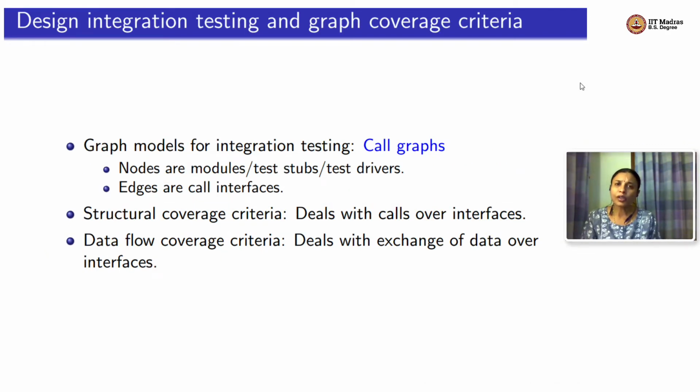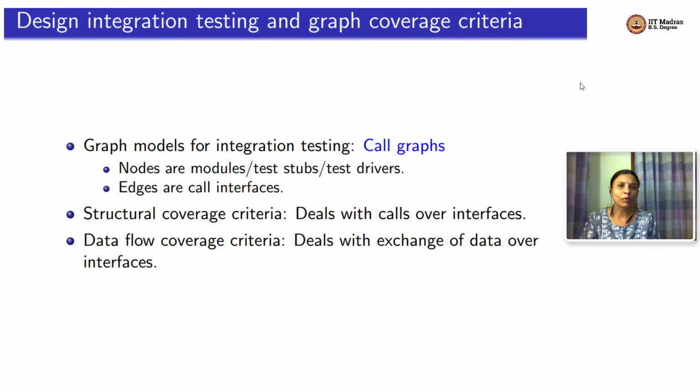So graph models for integration testing are called call graphs because the edges in these graphs are going to focus on call interfaces. Like all graphs, these call graphs have nodes and edges. Nodes are not going to be basic blocks like in a control flow graph or data flow graph, but entire modules: the entire method, function or procedure.